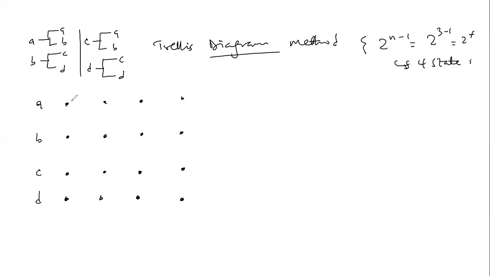So we can either move from A to A or A to B. We can move from A to A, we can move from A to B, right? So we can have more states.